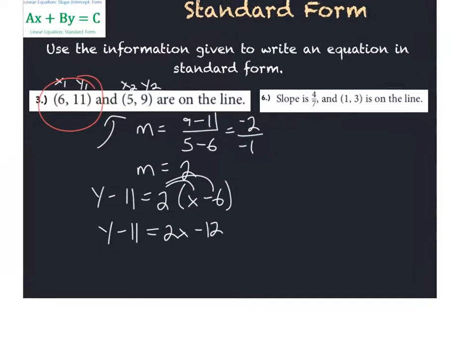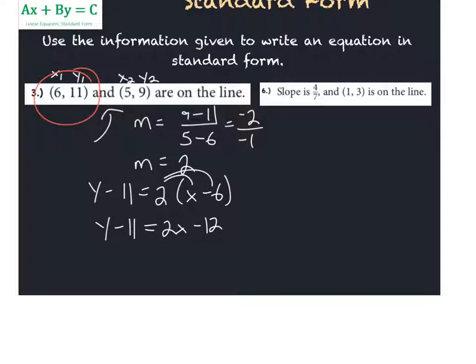All right, we're wanting this in standard form, so we want the x next to the y, but we also don't want that negative 11 there. So let's just get rid of that 11 by adding 11. And if we do so, we will be left with y equals 2x minus 1. And again, standard form is ax plus by equals c.